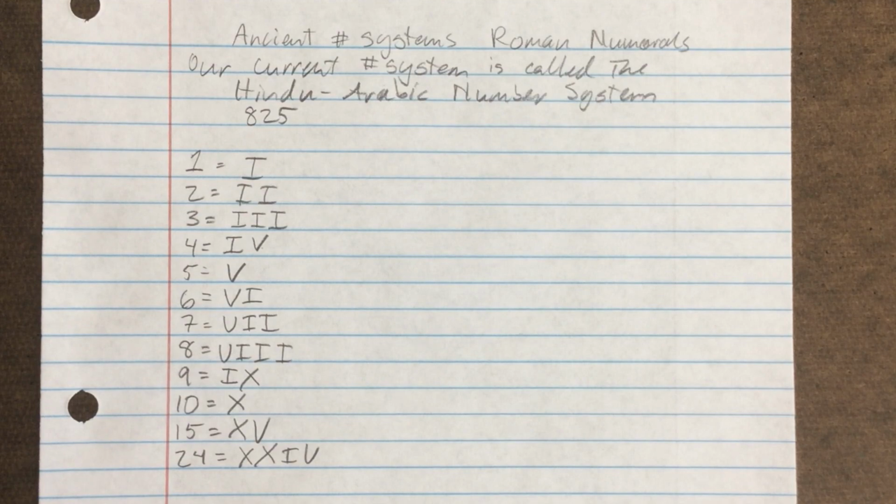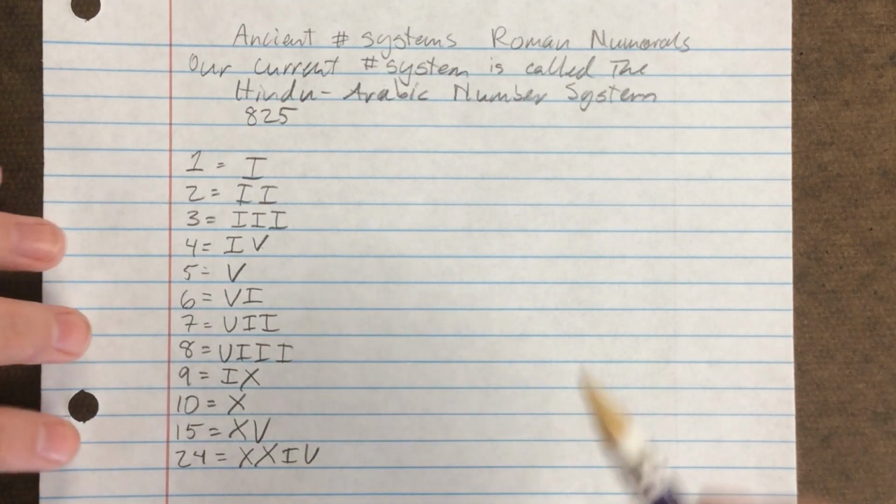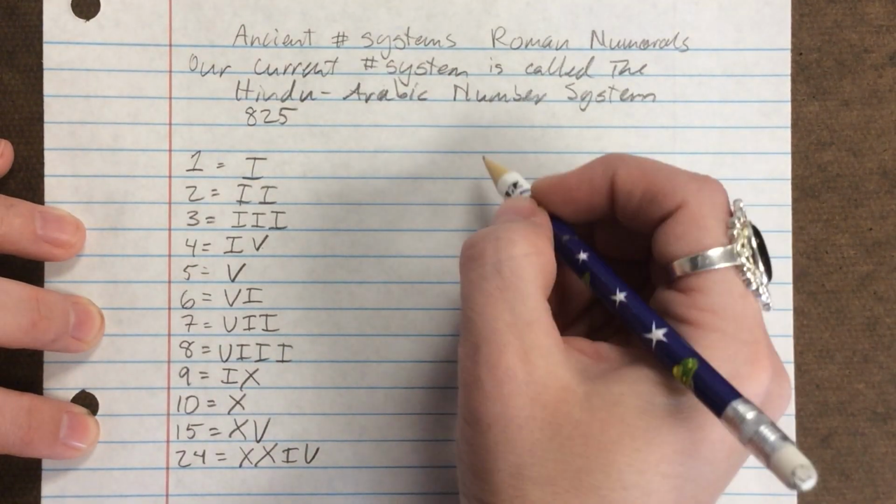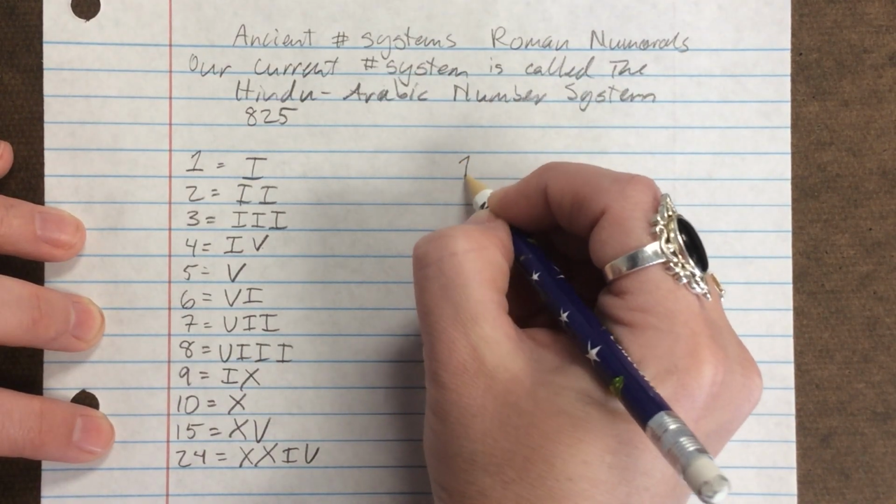But looking at our powers, because they actually have a different letter for every 1 and then 5 in the set.